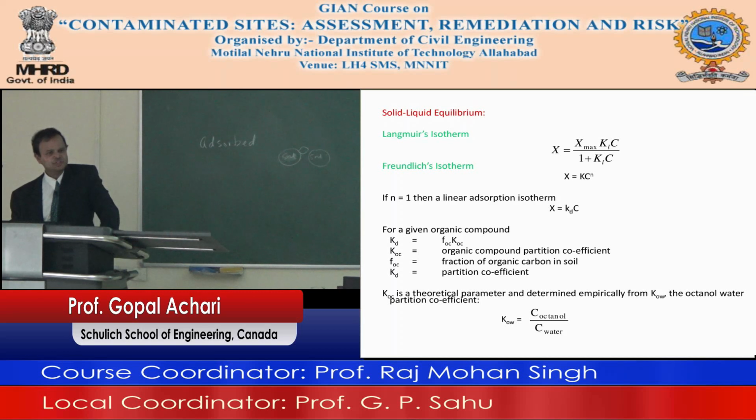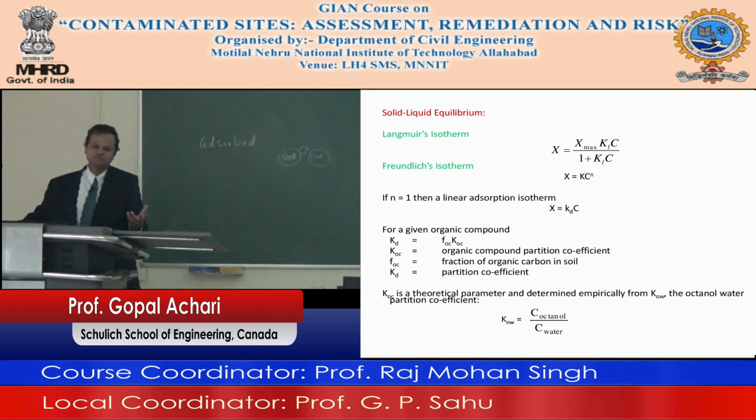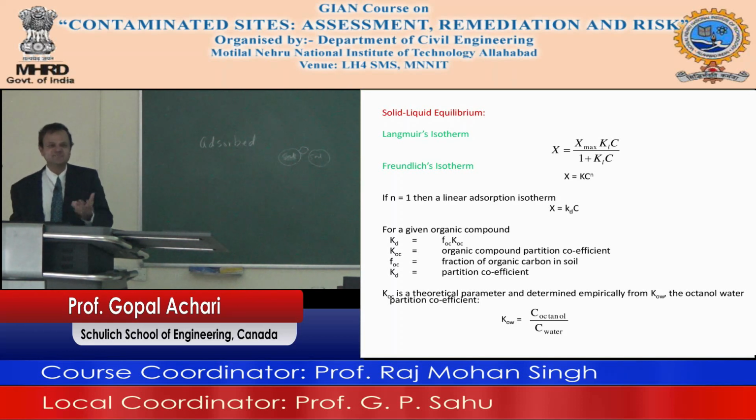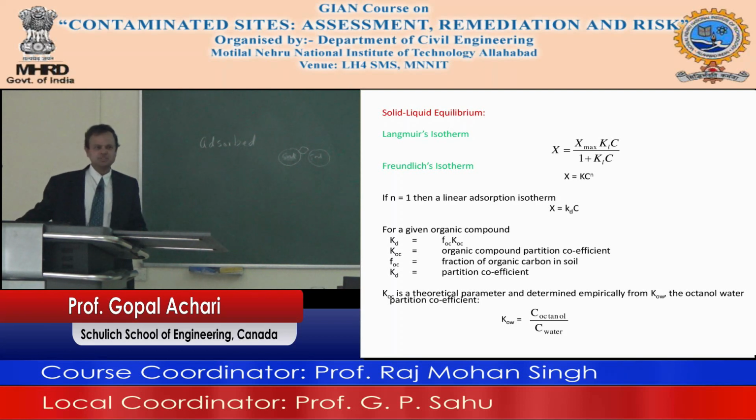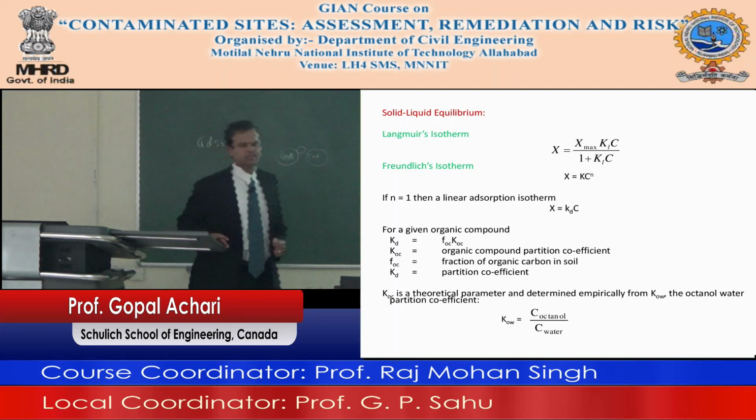They like to partition onto organics, right? So if you assume that the adsorption on soil minerals is 0, so if you take the soil, how will you find the amount of organics that is present in the soil?